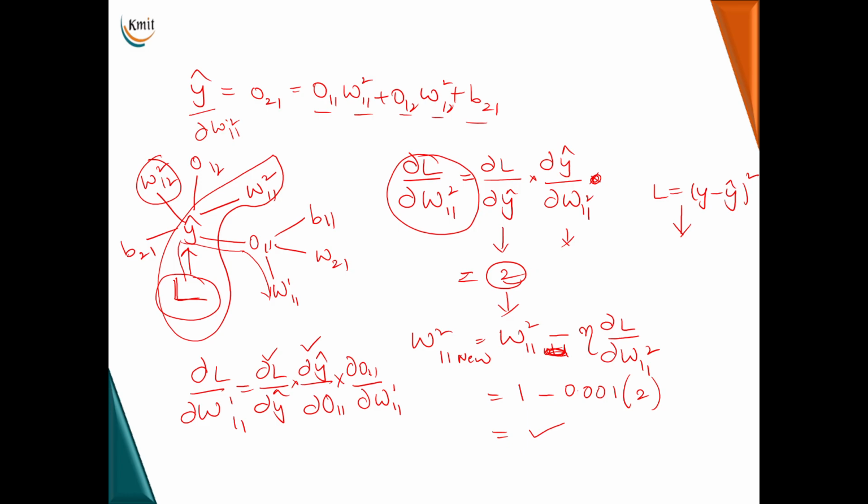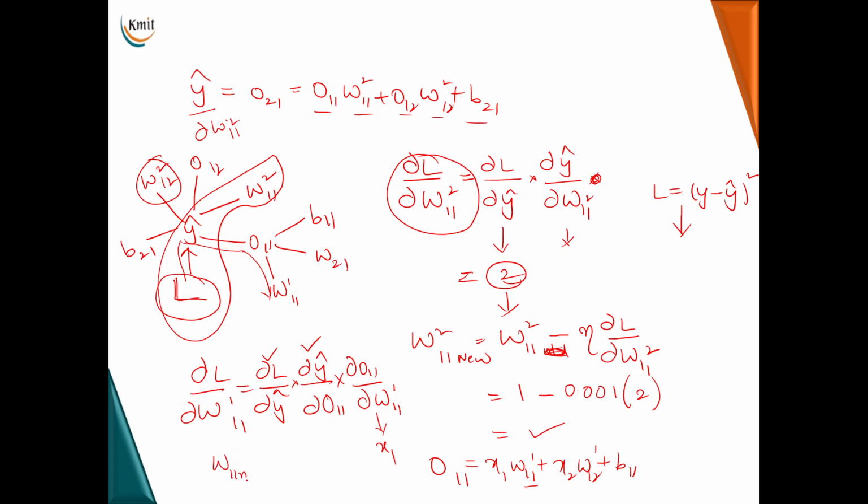Now how do I find the partial derivative of this? We know the equation of O11 as x1 into W11 plus x2 into W12 plus B11. I'll find the partial derivative of this with respect to W11 and I will get x1. Substituting all these, I'll get ∂L by ∂W11.